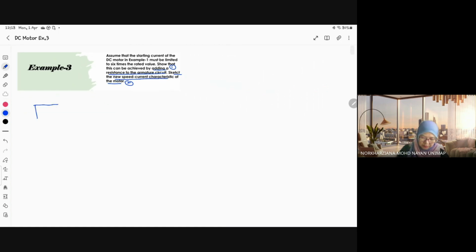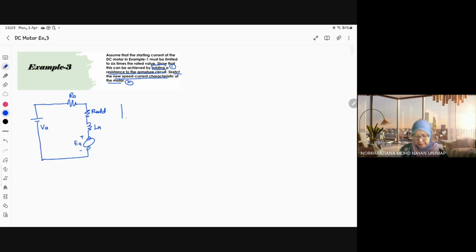So this is your separately excited DC motor, your RA, your R add, because you are adding one more resistance, additional R add, and then your LA, your EA, and this one is your VA.